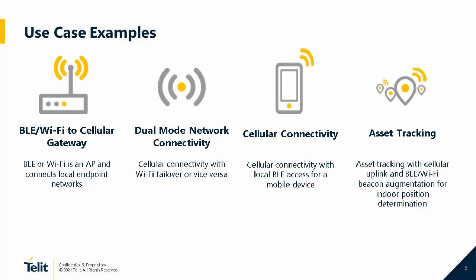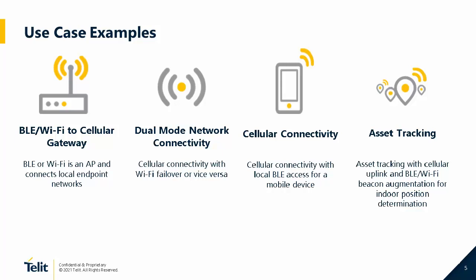The second would be dual mode network connectivity. So let's say you have a cellular enabled device and you want to communicate up to the network. There may be instances where you don't want to use cellular, maybe it's not available, maybe you have large payloads to send and you don't want to absorb the cost of the cellular connectivity in those instances.